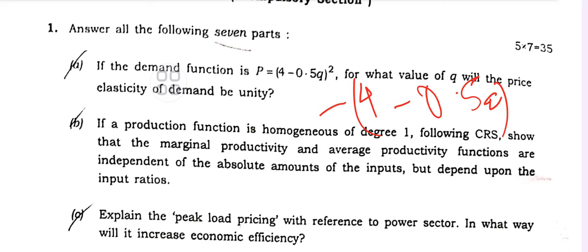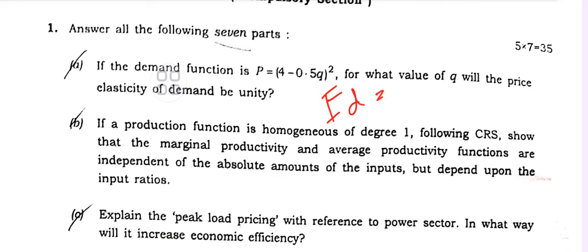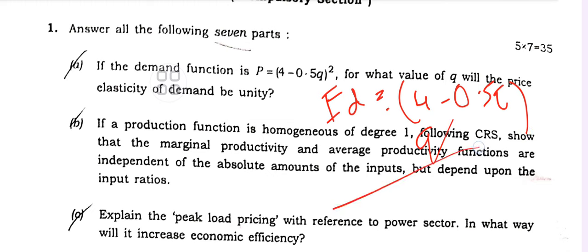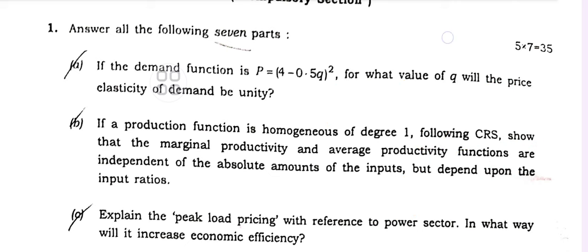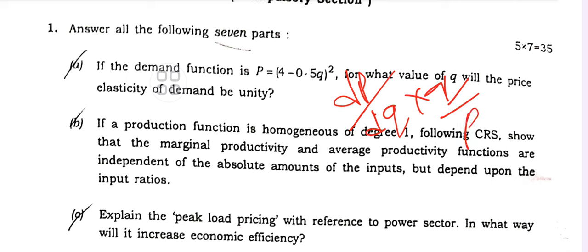So we have to substitute dP by dQ and P into the elasticity formula. ED equals minus 4 plus 0.5 Q, the derivative which you have got, multiplied by Q by 4 minus 0.5 Q square, because the formula is dP by dQ into Q by P. We set the elasticity to 1, because we need unit elasticity.